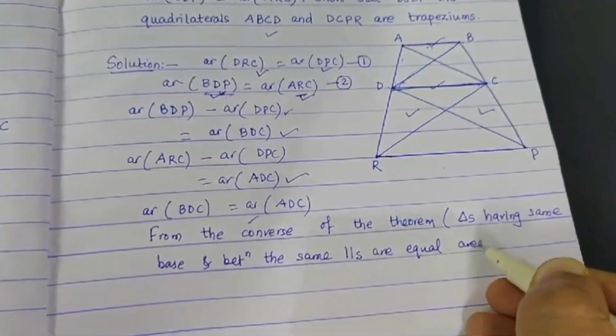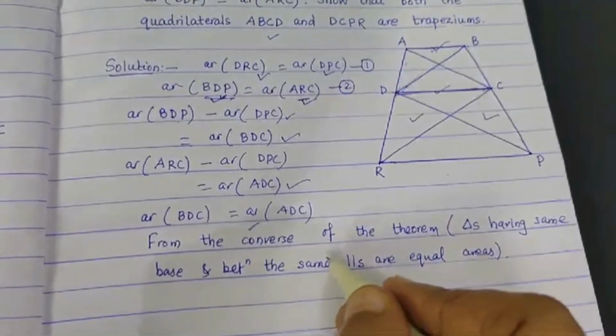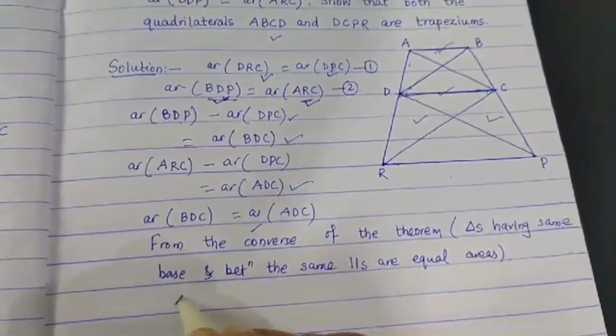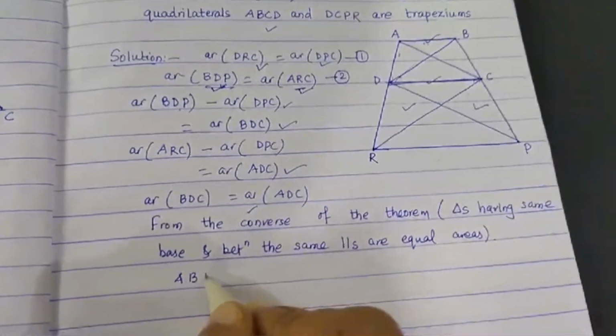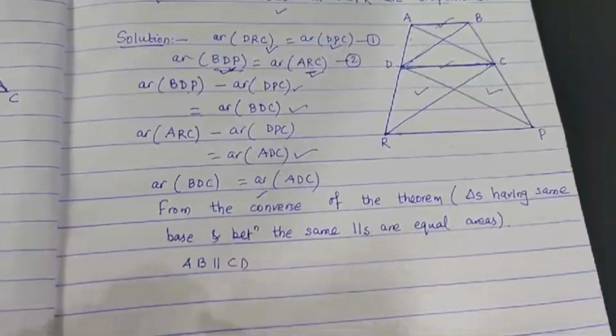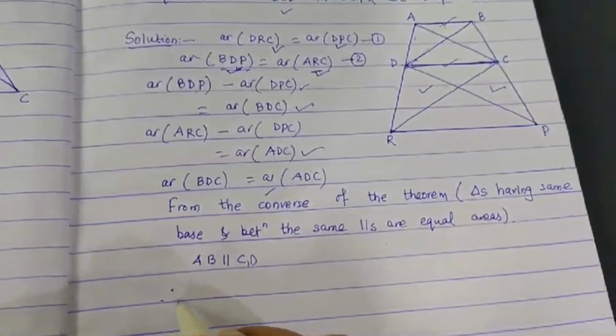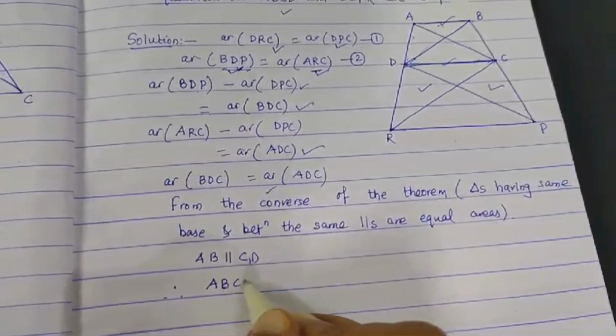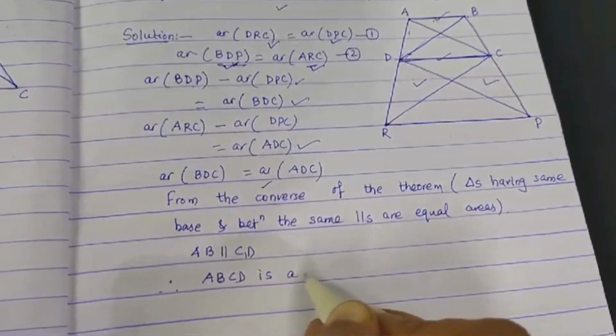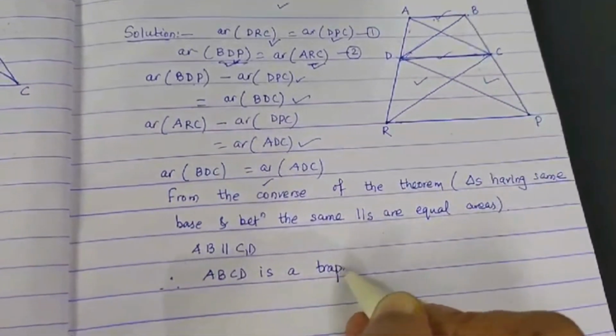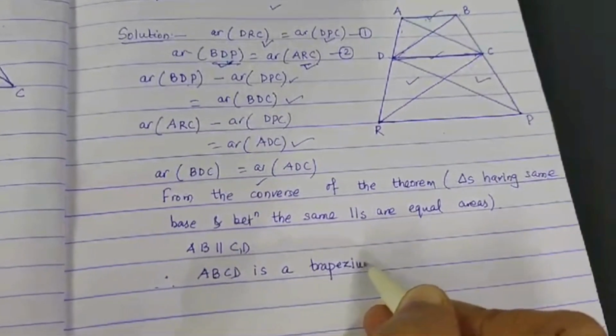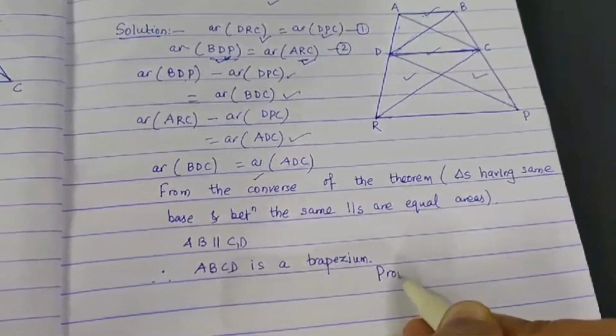So from the converse of this theorem we can say that AB is parallel to CD. That means ABCD is a trapezium. Okay, it is proved.